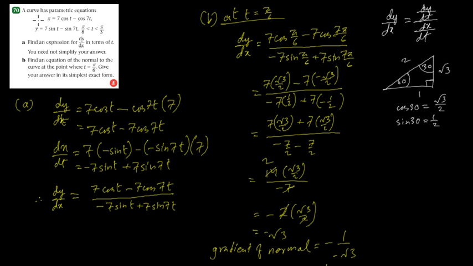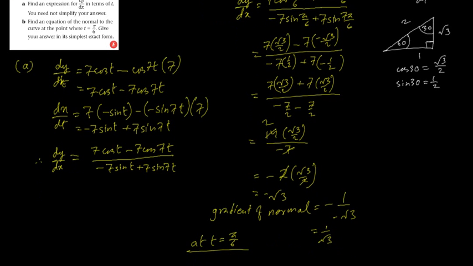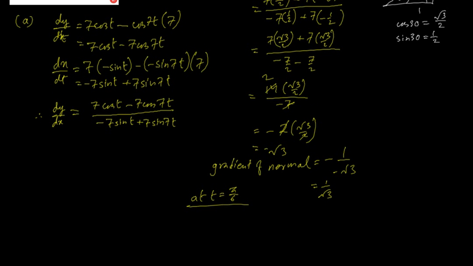First we have to find the x coordinate. So x coordinate would be 7 cos t minus cos 7t. So cos pi by 6 means cos 30 degrees is square root of 3 by 2, minus cos 7 pi by 6, which we calculated, is minus root 3 by 2.